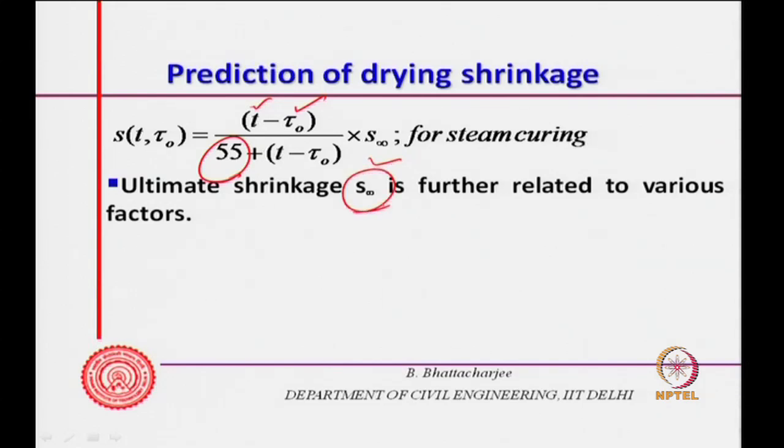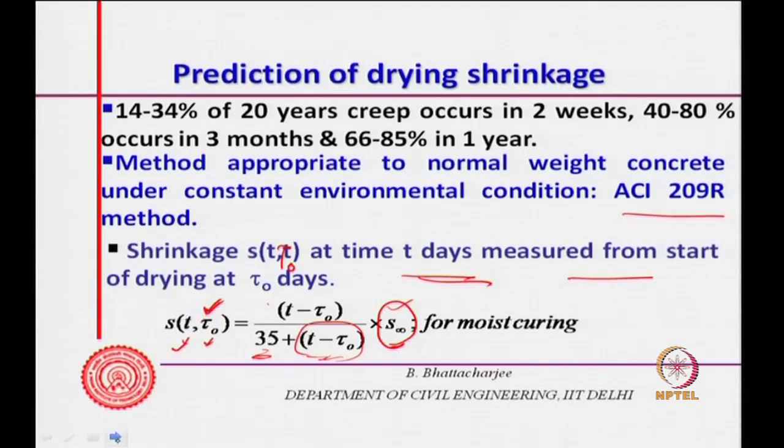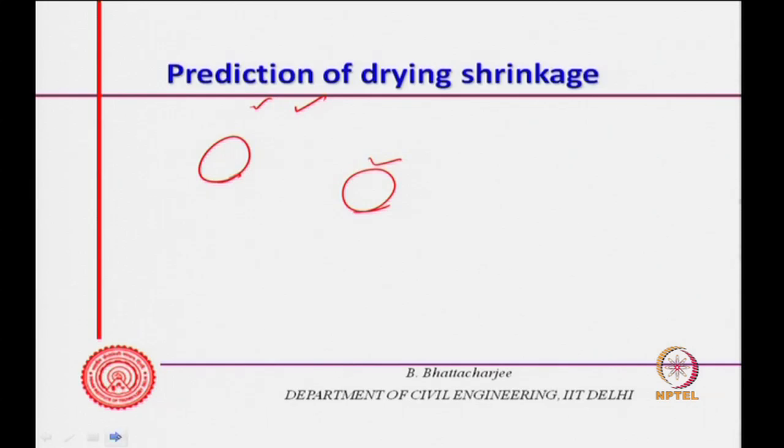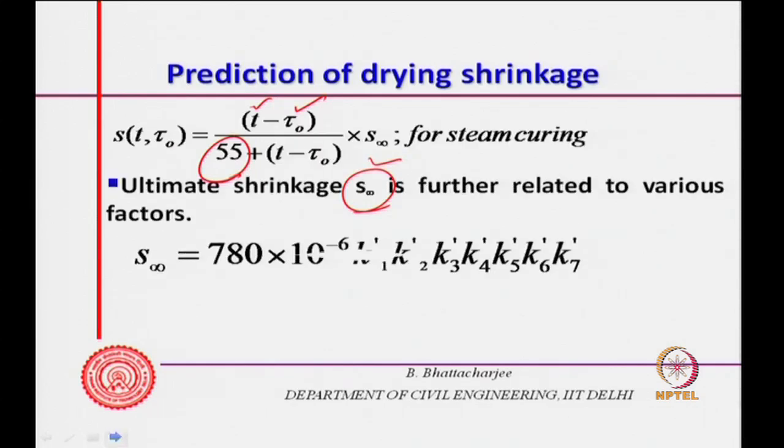And now, ultimate shrinkage you can find out by the ACI 209 method, which actually tells you the procedure to find it, all right. So, ultimate shrinkage is given by this formula: 780 into 10 to the power minus 6 K1', K2', K3', K4', K5', K6' and K7'.